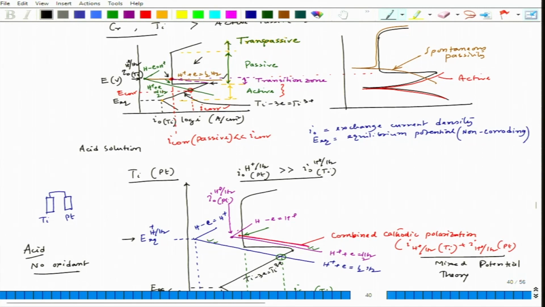But the kinetics of the hydrogen reaction on both the plates, titanium as well as platinum, are the same because the slope is not changing. What is happening is that the exchange current density of hydrogen evolution on platinum is much higher than on titanium. That is why we move from the active zone to spontaneous passivity. So this would lead to spontaneous passivity.